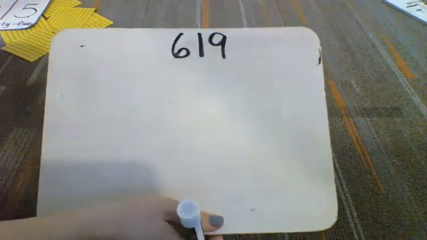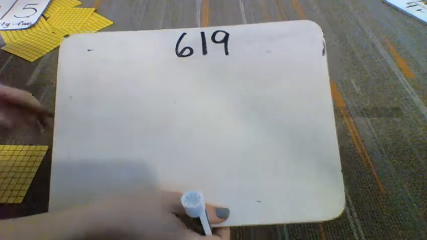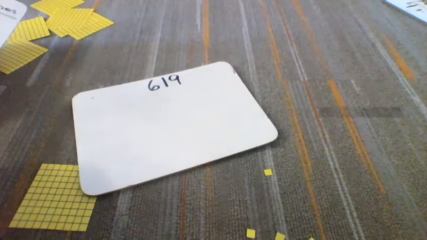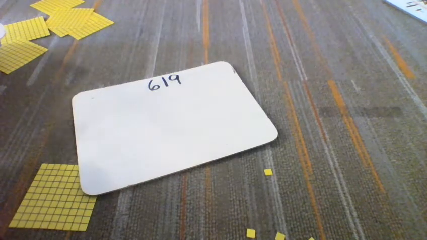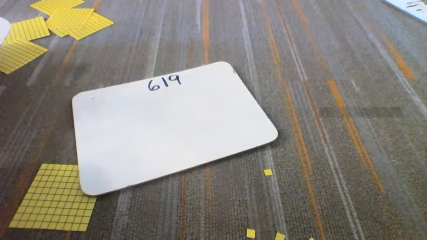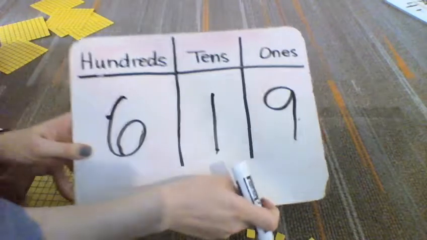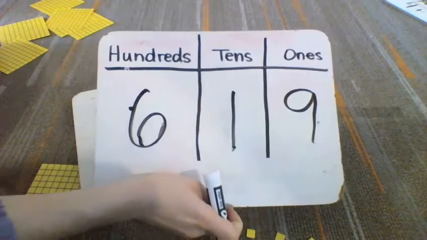So again, I'm going to use some pieces to help us show. So 619. Just like in your book, I'm going to put it in the chart.